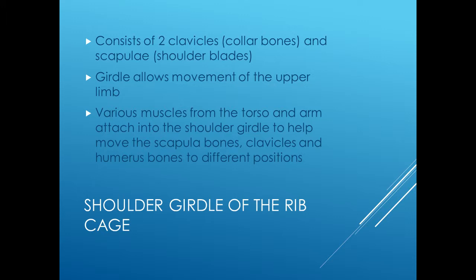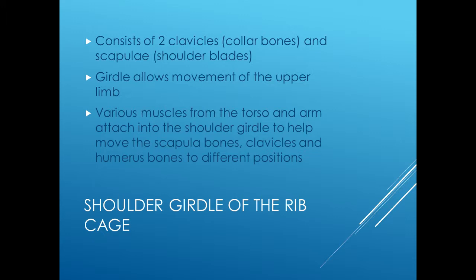Once the clavicle is attached to the manubrium on one end, on the other end of the clavicle, it actually comes into our shoulder. It's a group of bones, of ligaments, all these attachments forming our shoulder girdle. And so that's what this is talking about, the shoulder girdle of the rib cage here.